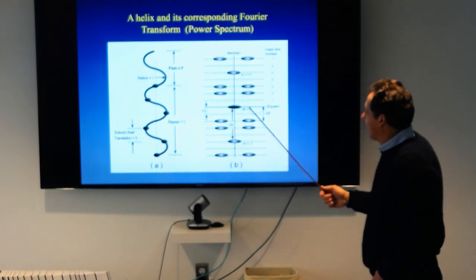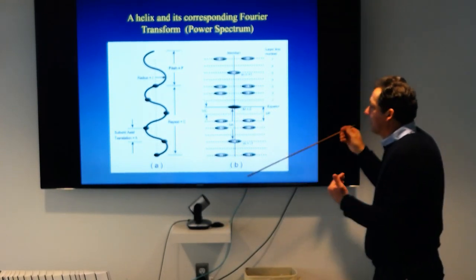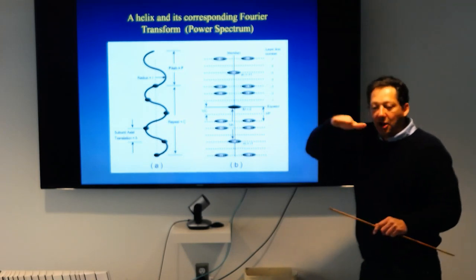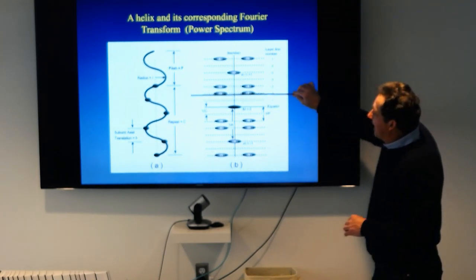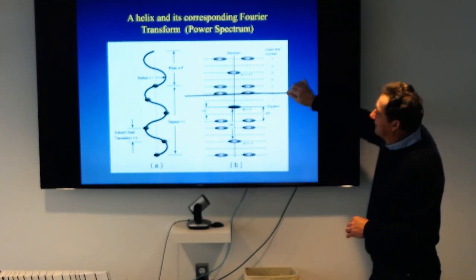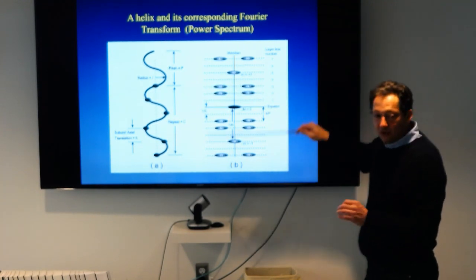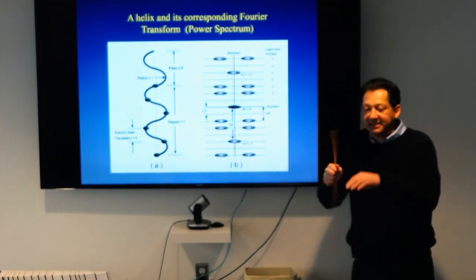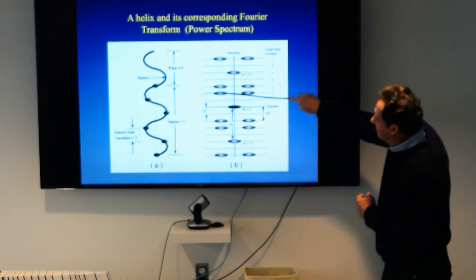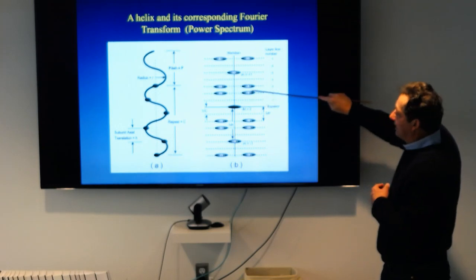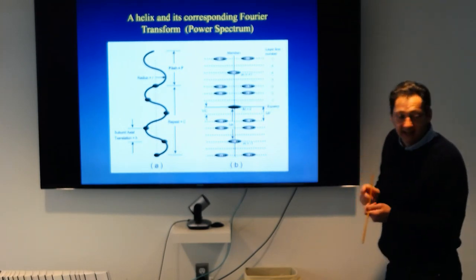When we see it in Fourier space, we're going to see a lot of reflections that are organized. That's the first thing you realize when you have a diffraction of a helix: you're going to see lines perpendicular to the meridian, and they're going to be called layer lines.